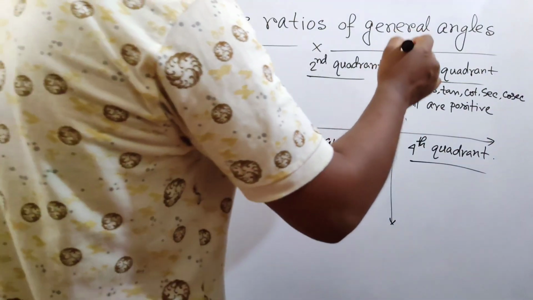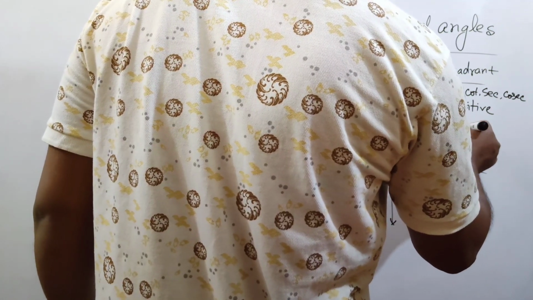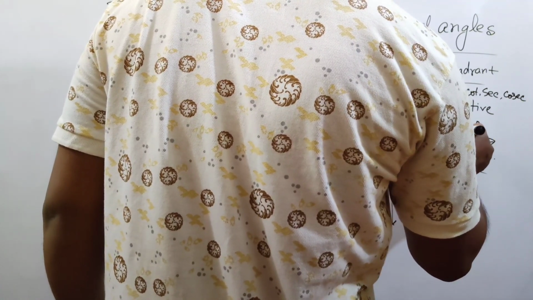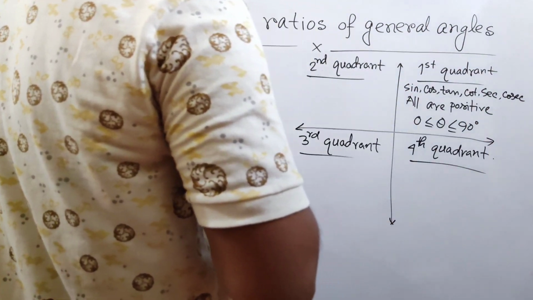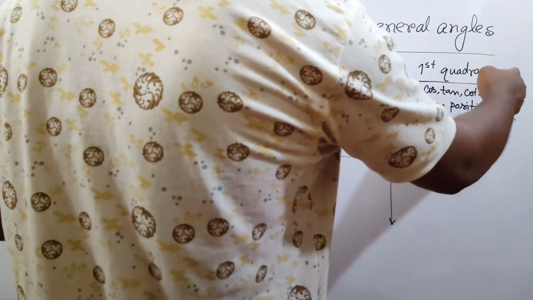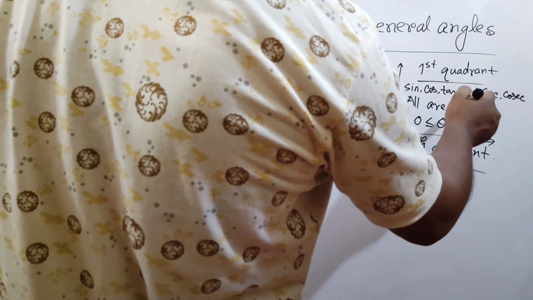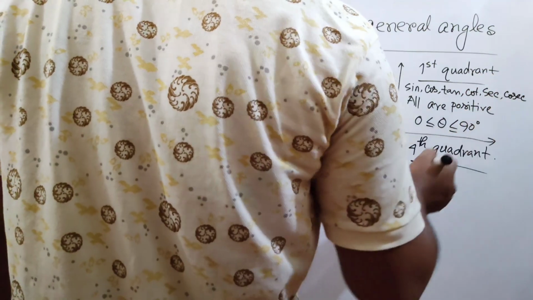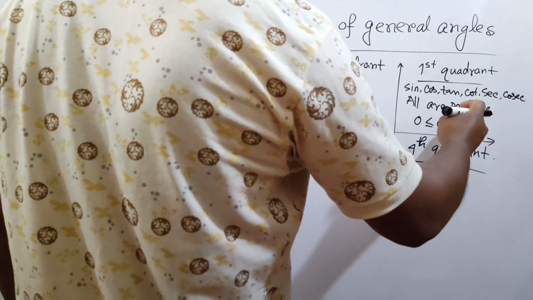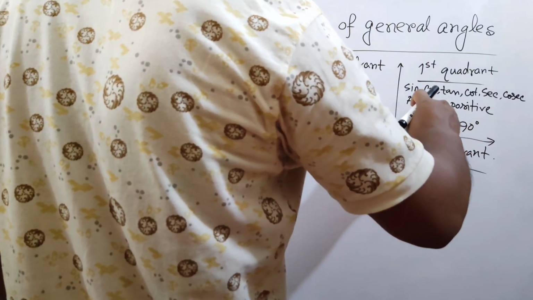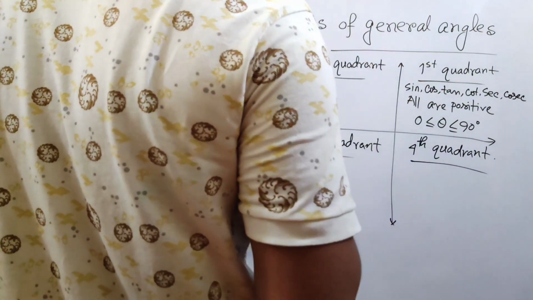That means if the angle lies between 0 to 90 degrees, then all ratios are positive. Tan 90 and sec 90 are undefined, but otherwise, for any value from 0 to less than 90, they are positive. That's why in the first quadrant all these 6 trigonometric ratios are positive.